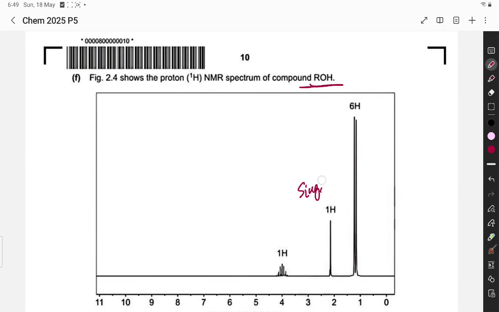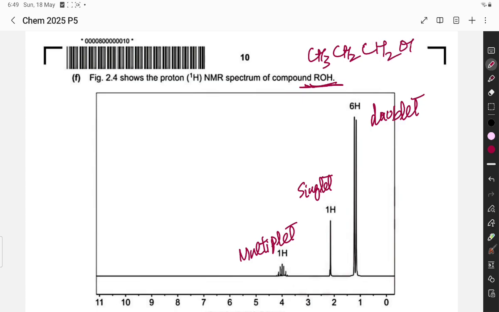This peak is a singlet, this is a multiplet, and this is a doublet. If the alcohol were CH3CH2CH2OH, there would be CH2 and CH3 peaks.